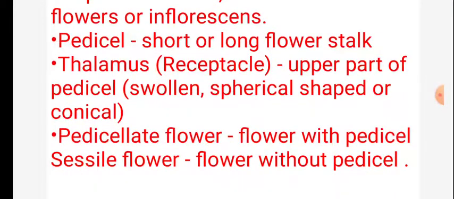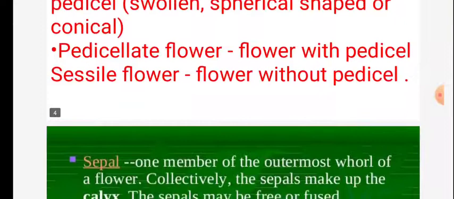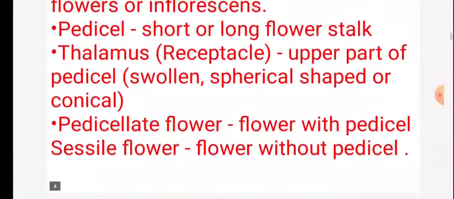Thalamus means the receptacle, the upper part of the pedicel, which becomes swollen, spherical or conical in shape. As per this, the thalamus types differ, and we will observe them later on. A pedicellate flower is a flower with a pedicel, and a sessile flower is a flower without a pedicel. So remember all these basic terminologies.